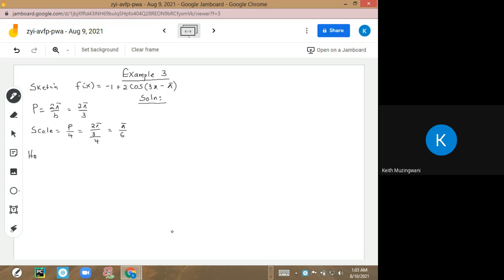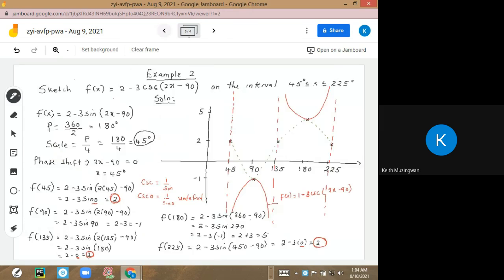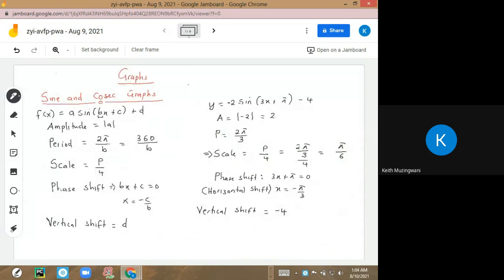Then the horizontal shift. Excuse me, sir. Hello? Where is 3 coming from? There on B, the period. So 3 is our B. Remember the position of B. B is the coefficient of x. These properties hold also for cos.